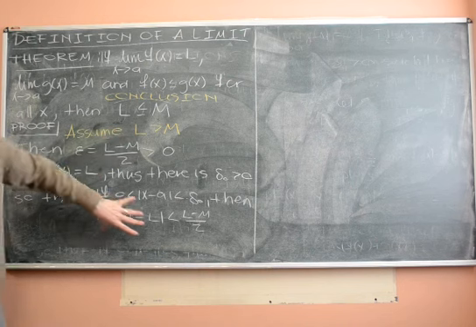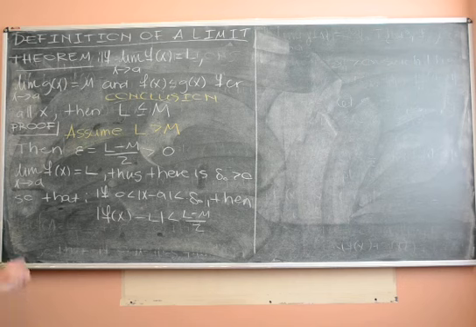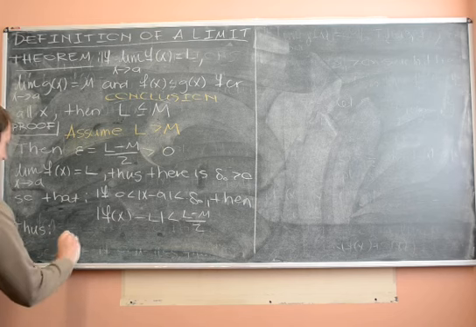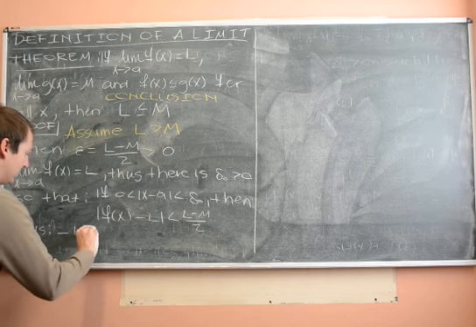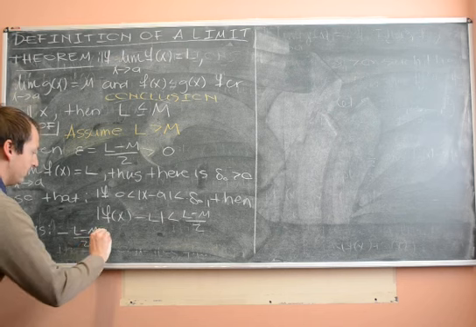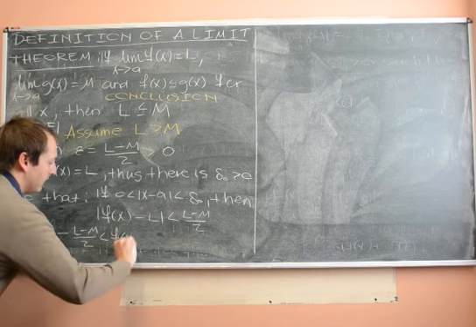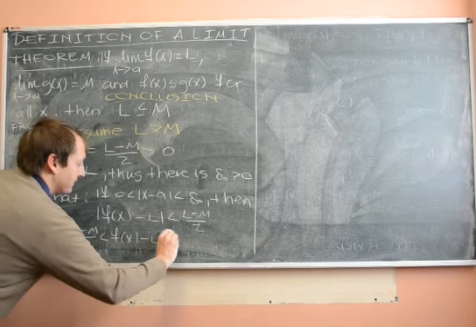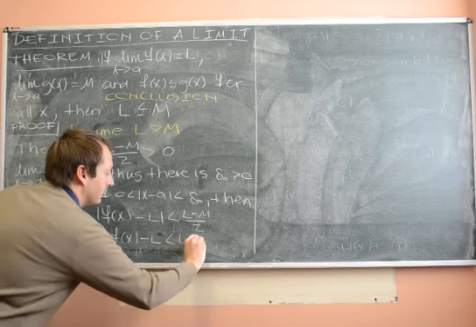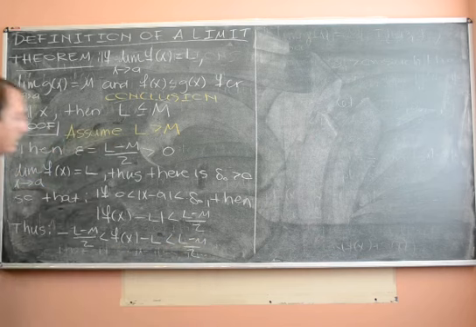Now, writing down this inequality is the same as saying that minus (L minus M over 2) is less than f of x minus L, which is less than L minus M over 2.